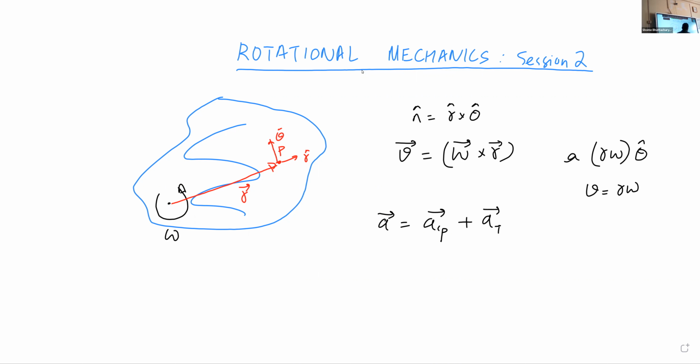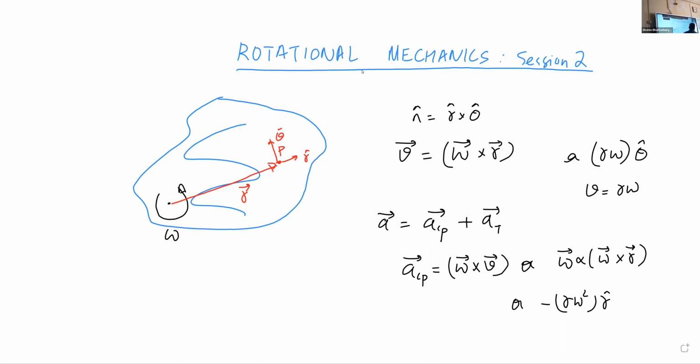The centripetal component of acceleration is given by omega cross V, or omega cross omega cross R, or in much simpler terms, it is minus R omega square R cap.